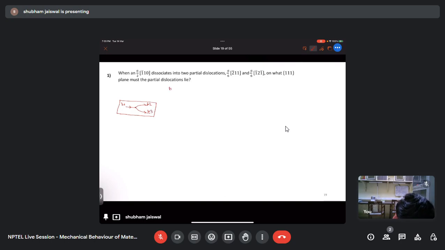So B1 is a by 2 [1 bar 1 0], B2 is a by 6 [2 bar 1 1], and B3 is a by 6 [1 bar 2 1 bar], and they are asking on what {111} plane the dislocation will lie. So try to answer.